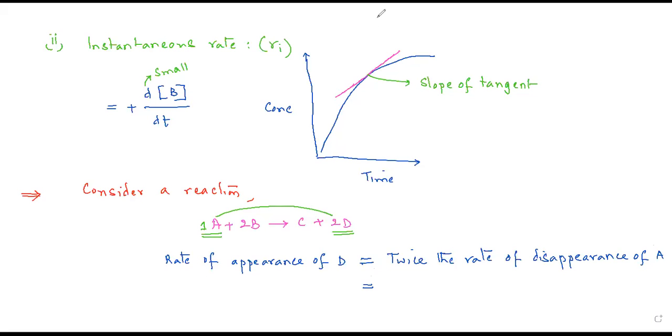Can also be given as equal to the rate of disappearance of B, right?